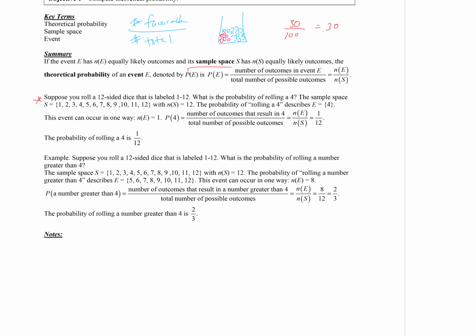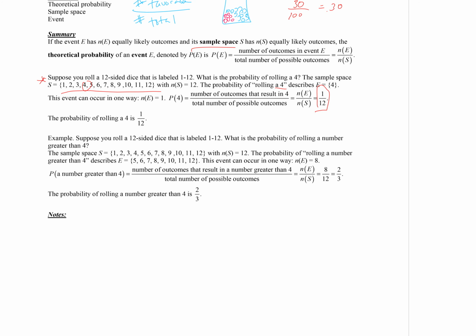So you have 12 different possible outcomes, right? It can land on 1 through 12, and that's called the sample space. This right here, that's a set. It's a sample space. Now the probability of rolling a 4. Well, how many times can 4 show up? Just once out of the 12, right? So the number of favorable outcomes is 1 because 4 can only show up once, and it's out of the 12 possible outcomes. So this is what we call the theoretical probability.